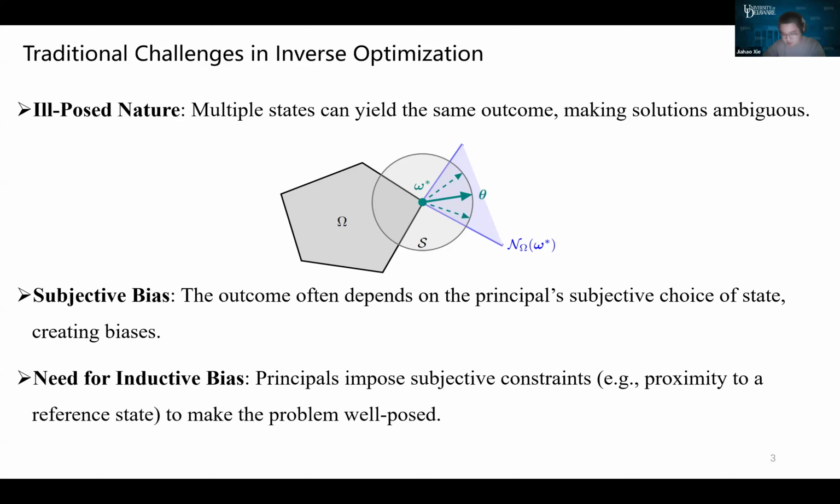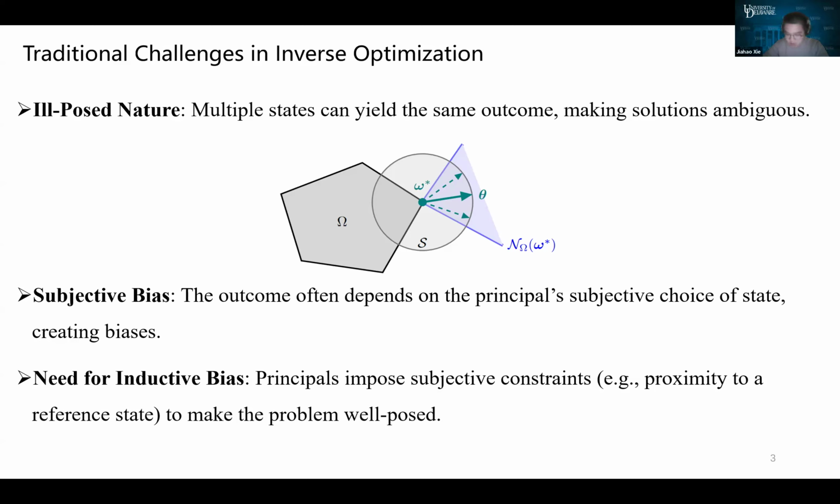Another big challenge is subjective bias. In traditional approaches, a central decision maker, called the principal, decides what parameters to prioritize, often based on their own perspective.